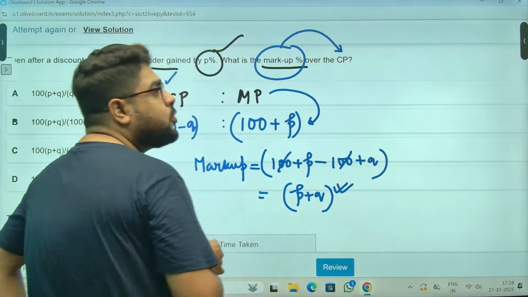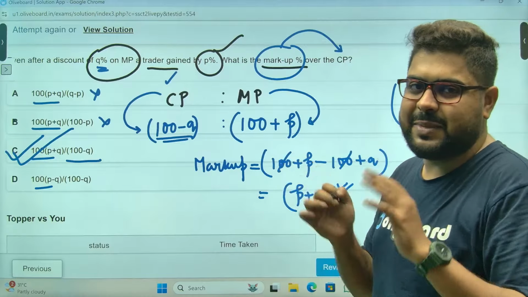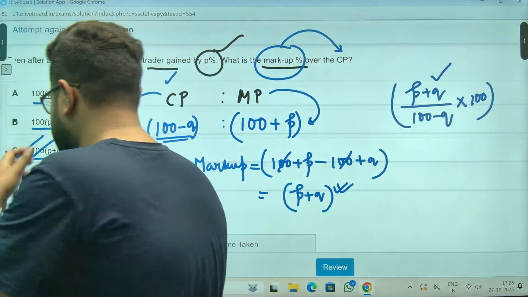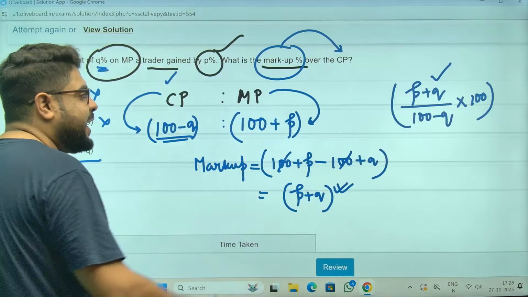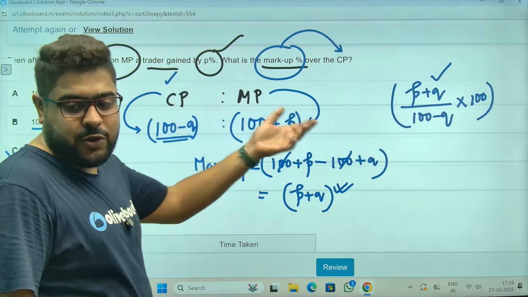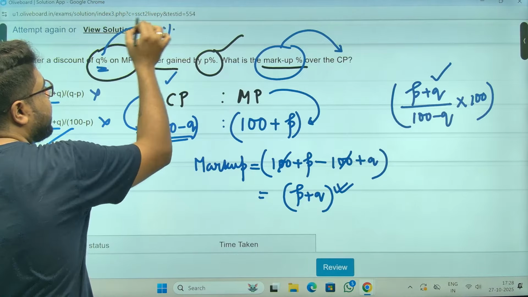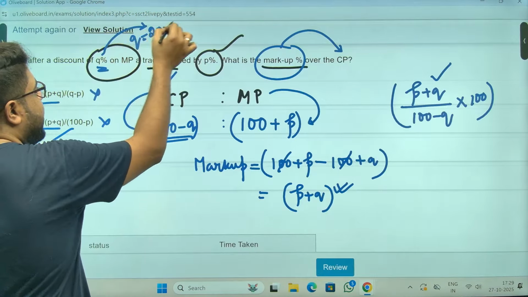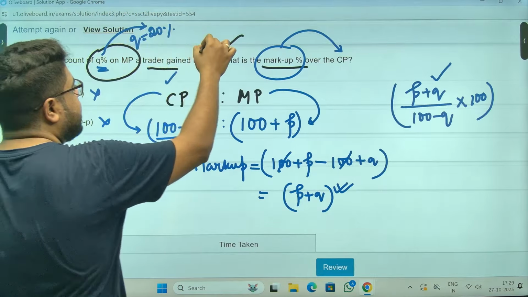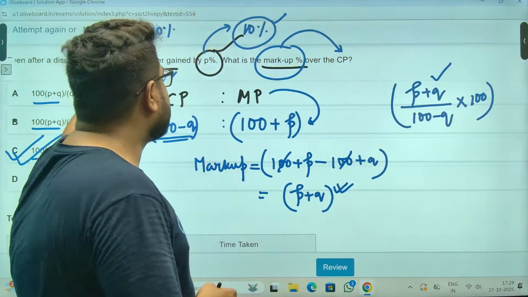Now again, you might say, sir, this was not understood well, because I didn't know this formula and I don't want to use it. Then what's the way to go? In that case, you can take some values. Say a discount of 20%, that's Q, and a gain of, let's say, 10%, that's P. Markup they are asking, so you can solve it normally.